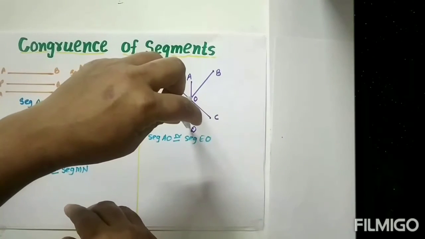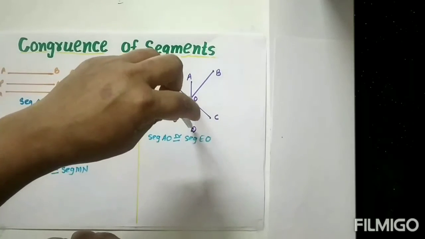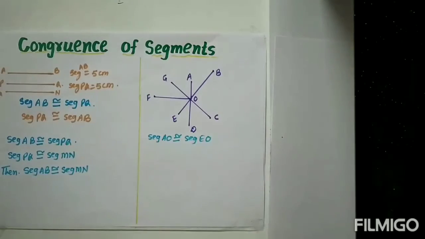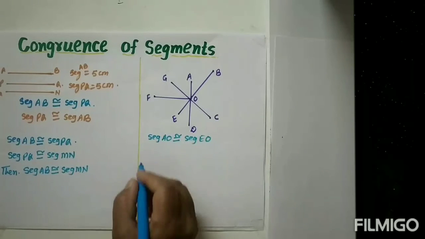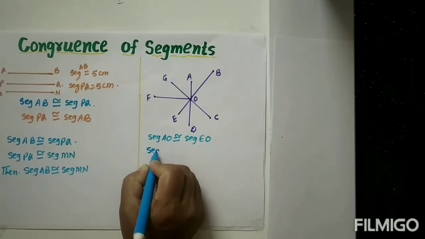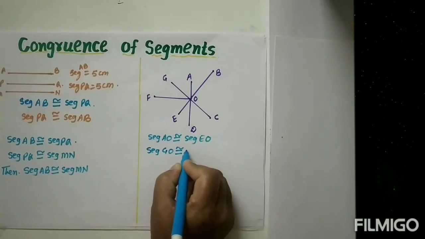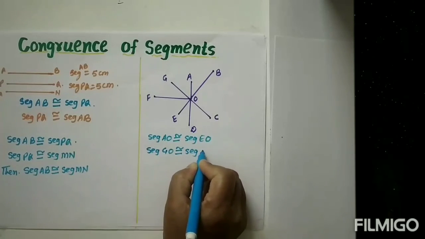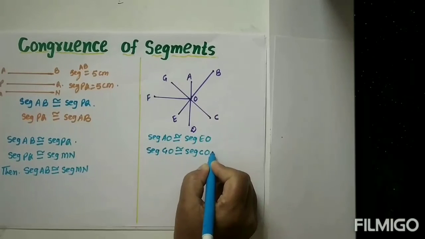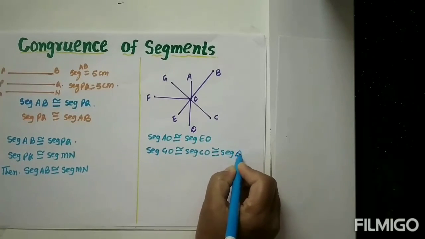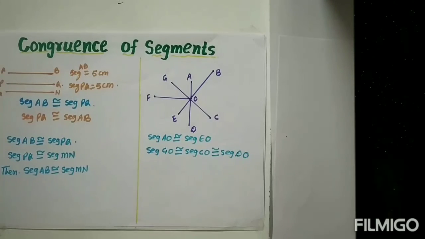Again DO is also, means all three segments are equal in length. Means here we can write that segment GO congruent to segment CO congruent to segment DO. Okay, all three segments are congruent to each other.